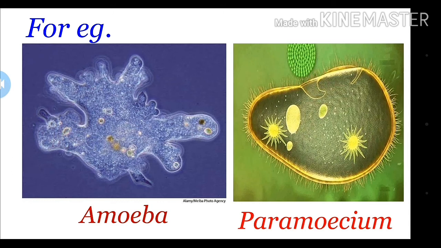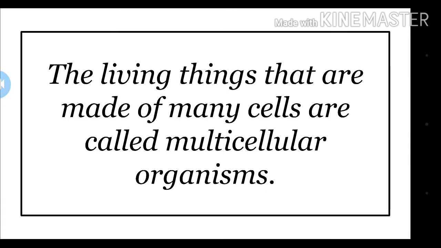These are seen with the help of a microscope. These also have all the characteristics of living things. Every unicellular organism has all the characteristics of living things. These were the two examples of unicellular, or one-cell, organisms.